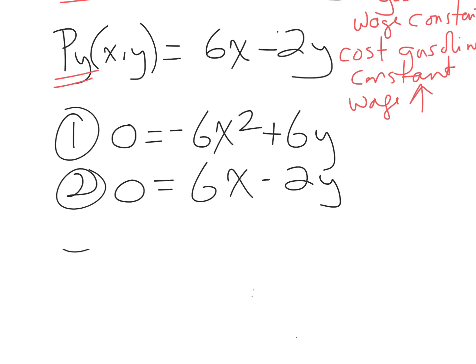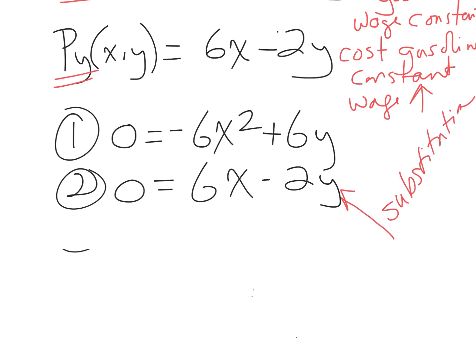So we have something different here. Our first partial derivative is a quadratic, minus 6x squared. But I think we can look at this second partial derivative and try a substitution method.